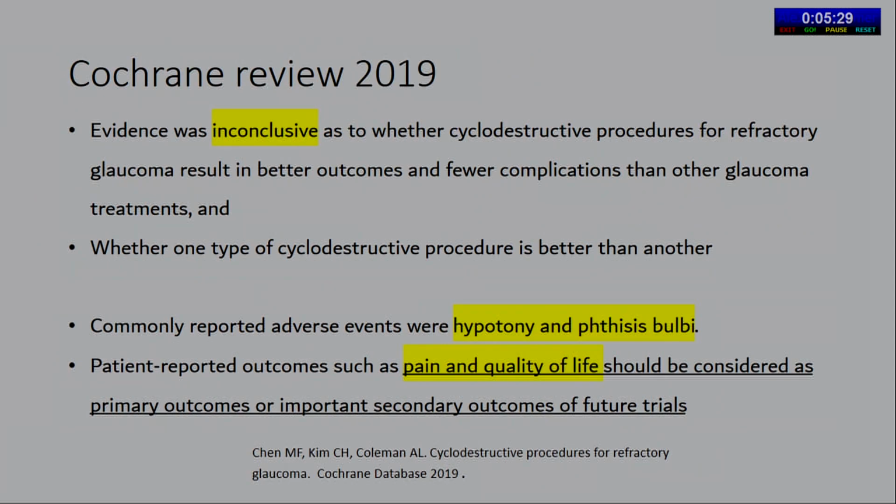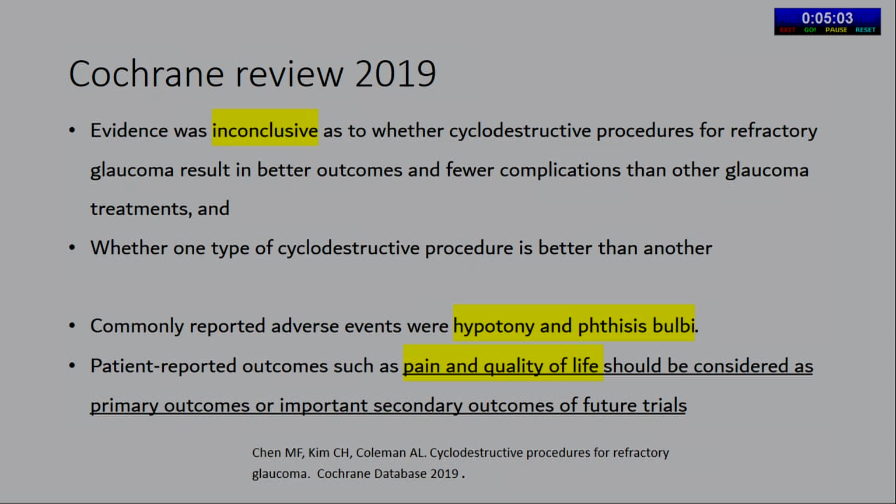If you look at the Cochrane review, which looked at a lot of papers and did an analysis of many, many published articles on the cyclodestructive procedures for refractory glaucoma, the evidence actually was not conclusive as to whether one procedure is better than the other. But what was very clear was that the common side effects were there: hypotony, phthisis bulbi. And what was not commonly reported was the patient's pain and quality of life.